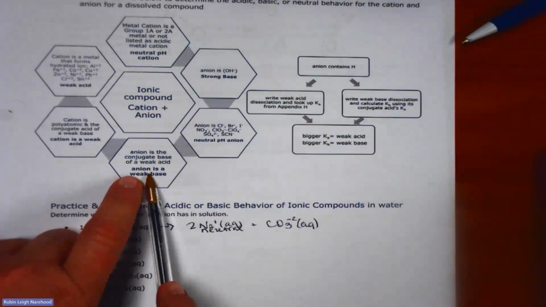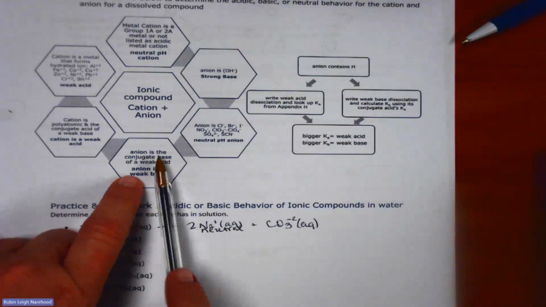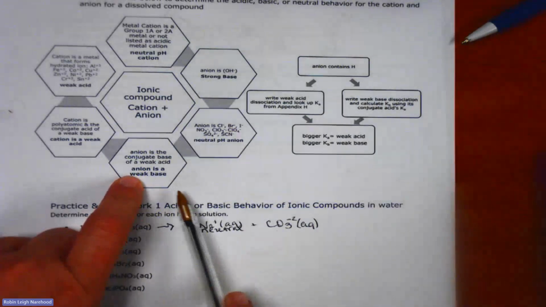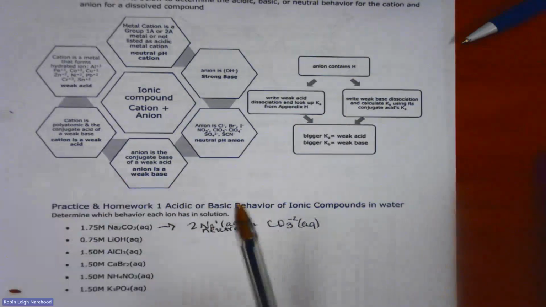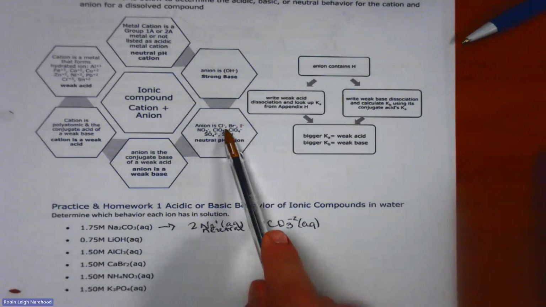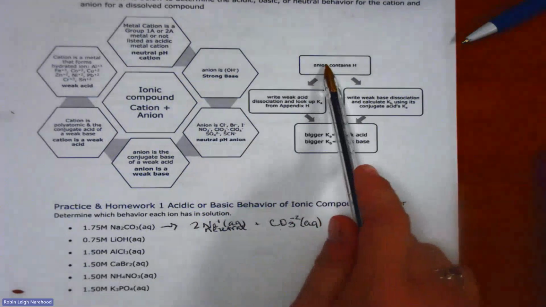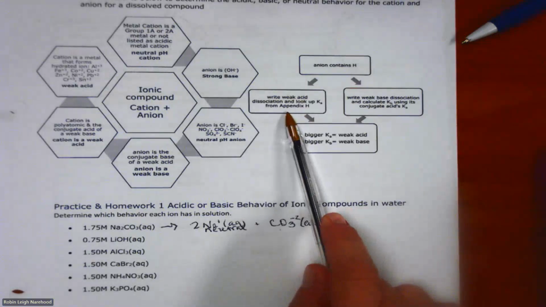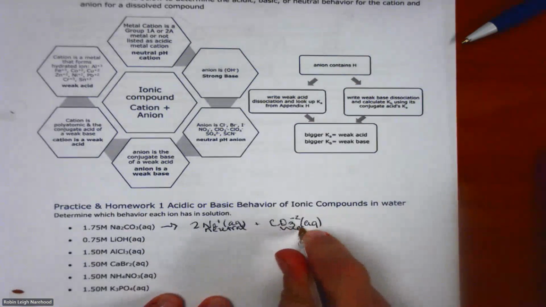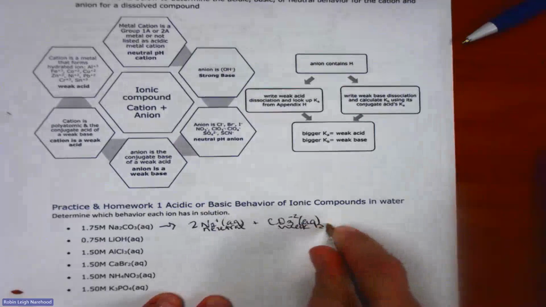Okay, so every other anion there is, other than the ones that have hydrogen, would be a weak base. Almost every anion is a weak base. Only these 8 are not. And then occasionally, if there's hydrogen, they might be acidic. And so this is a weak base.